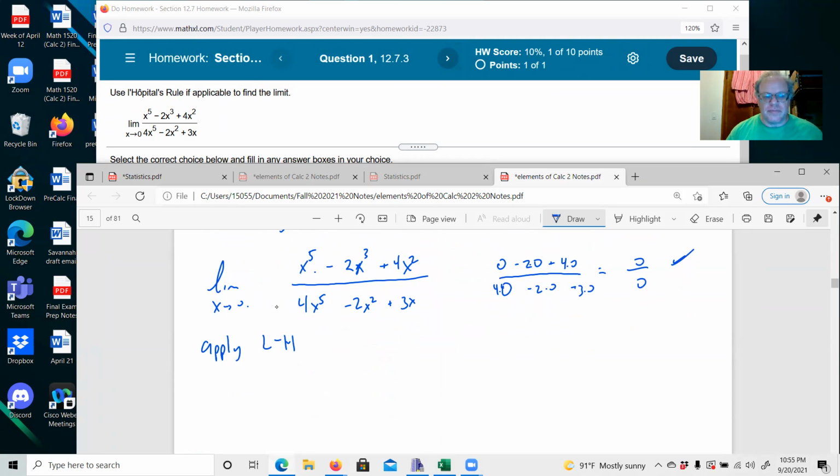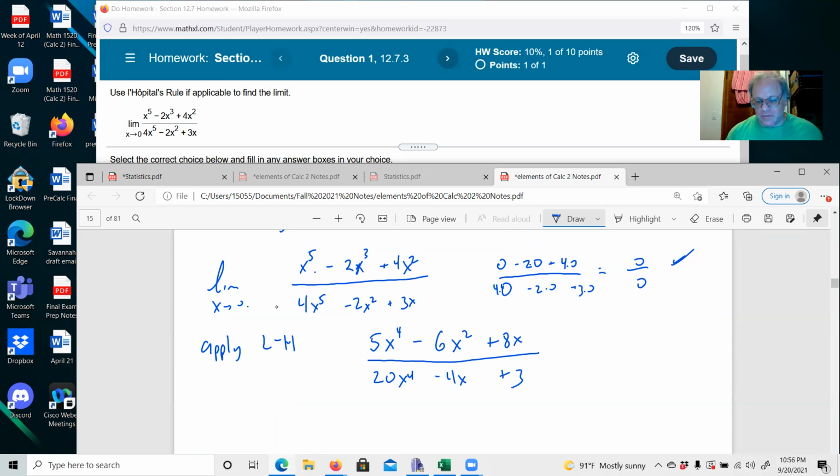We take the derivative of the top and the derivative of the bottom. That gives 5x to the 4th minus 6x squared plus 8x, divided by 20x to the 4th minus 4x plus 3.